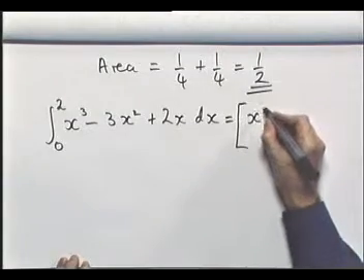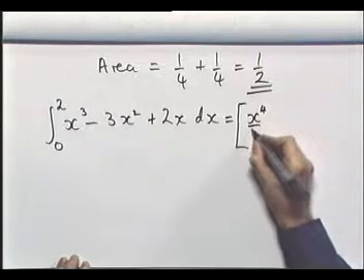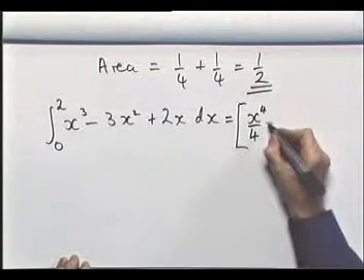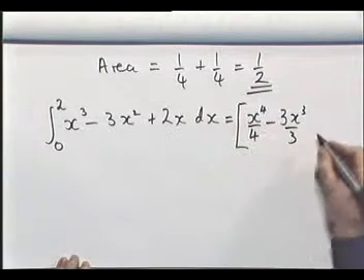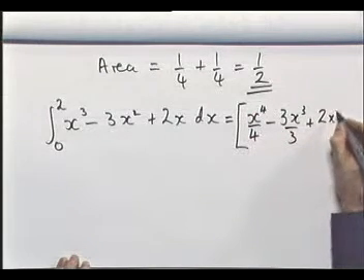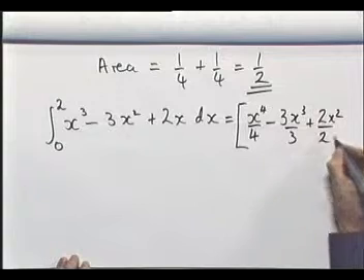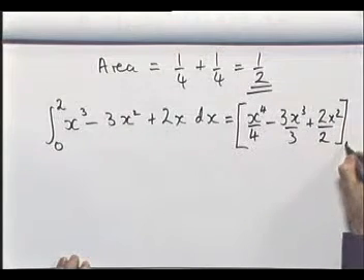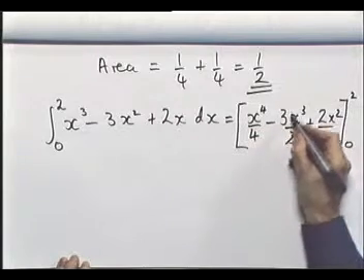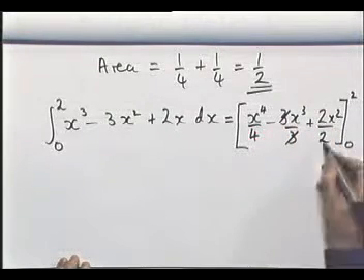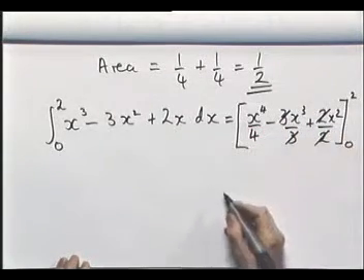So let's do that integration. And again, the answer shouldn't be any different from what we've had before. X to the 4th over 4 minus 3x cubed over 3 plus 2x squared over 2, to be evaluated between 0 and 2. And again, we can do the cancelling. The 3's there and the 2's there.